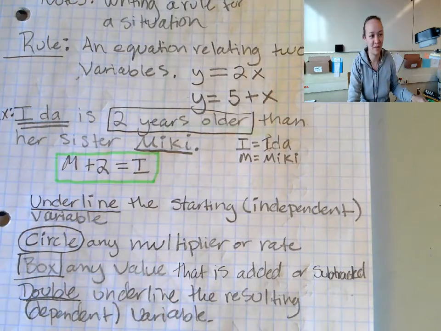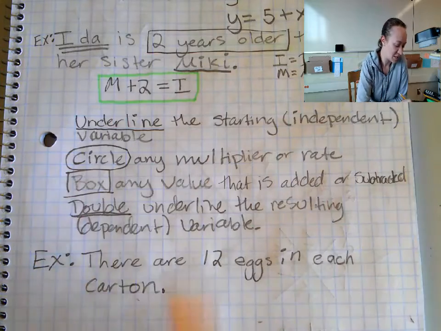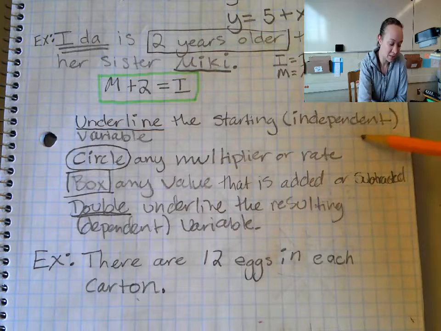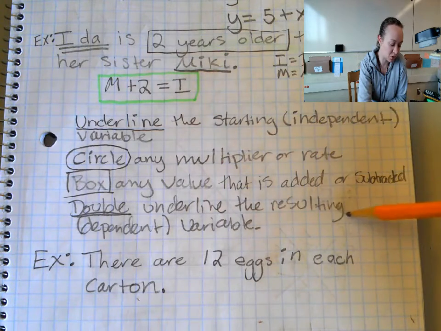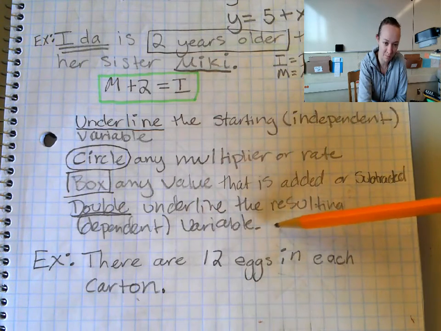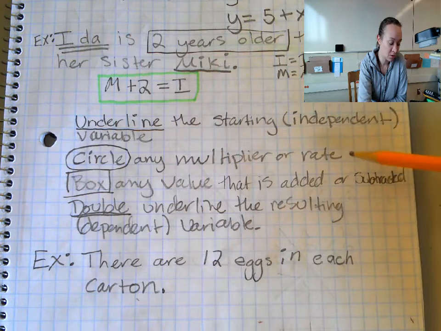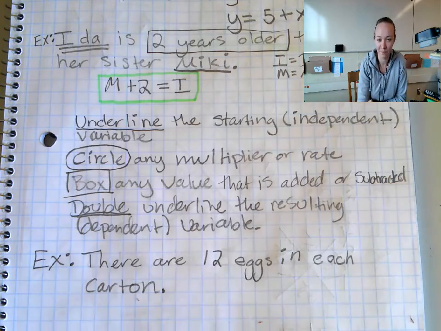Okay, now you're going to try. All right. So let's say there are 12 eggs in each carton. Go ahead and write that sentence and then underline the starting or independent variable, double underline the resulting or dependent variable, and then decide, do we need a multiplier or is something being added or subtracted? Do it now.